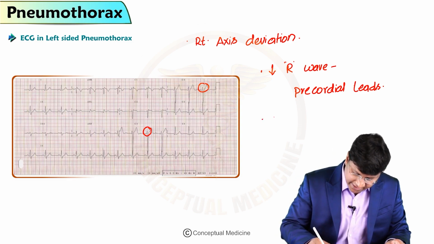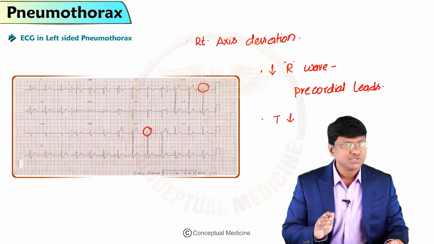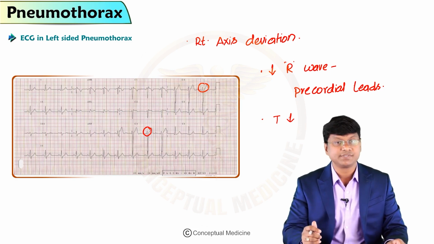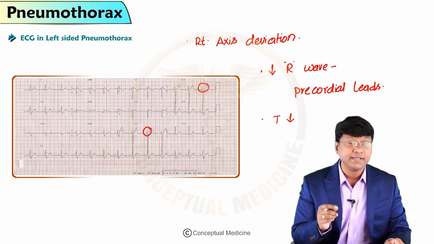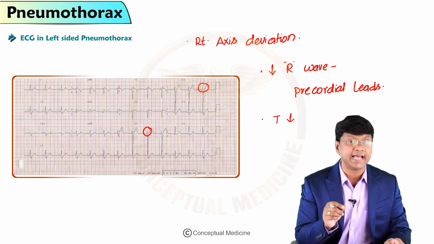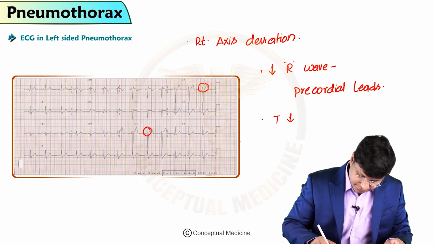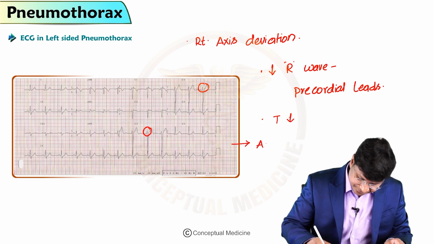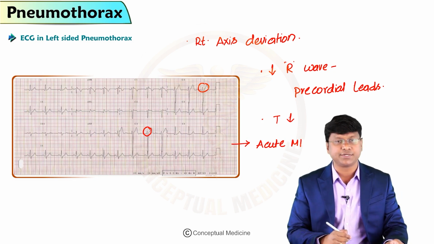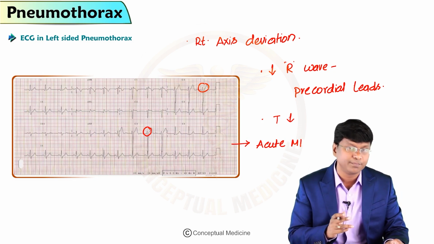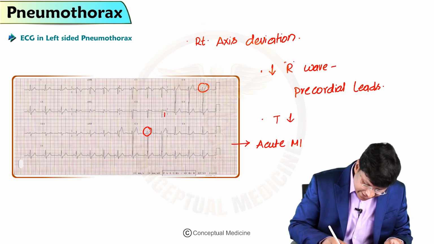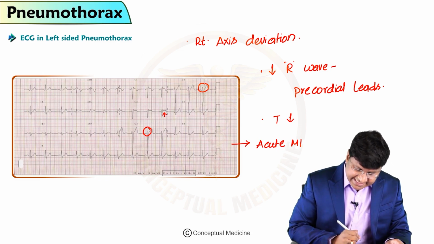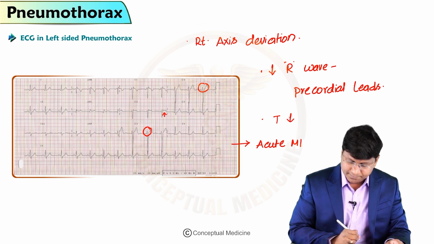And you also have P wave inversions. Sometimes the ECG of pneumothorax may be misinterpreted as an acute MI. Why? Because there is poor R wave progression, and you see here the presence of minimal ST segment elevation in lead 2.